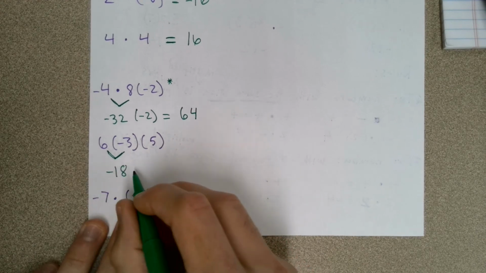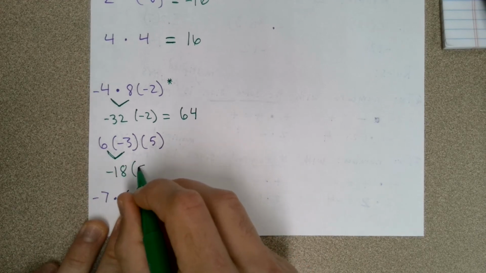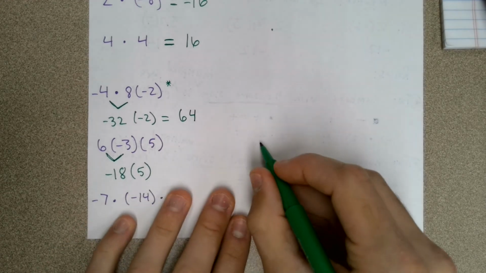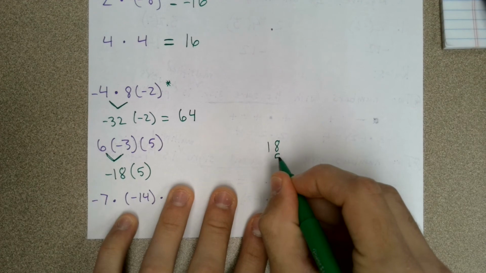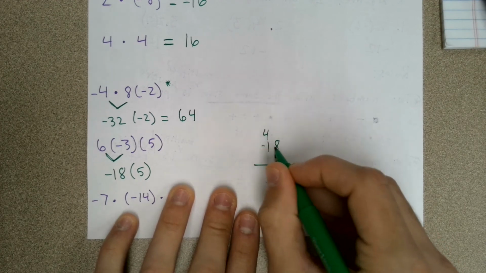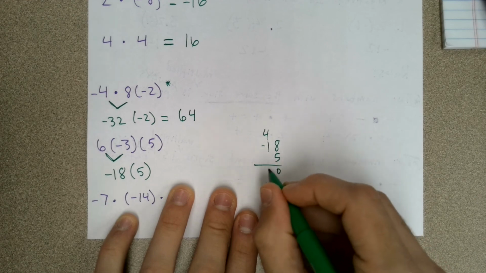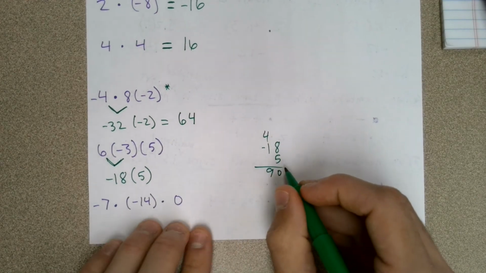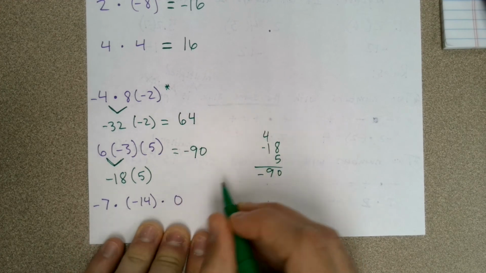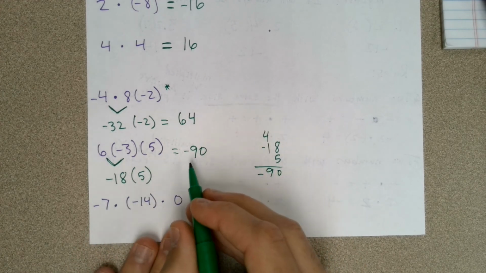Negative 18 times 5. Again, we have different signs. I'm going to have to jot this one down quick. I don't know it off the top of my head. It's 45, 90. And I know this is a negative, so it has to be negative 90 because we have different signs. Negative 90.